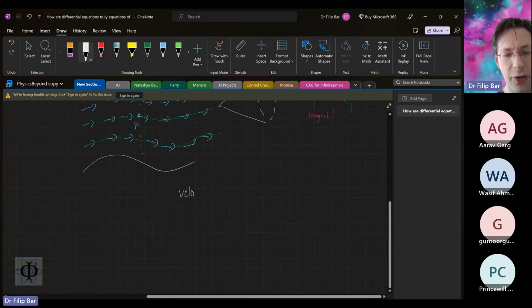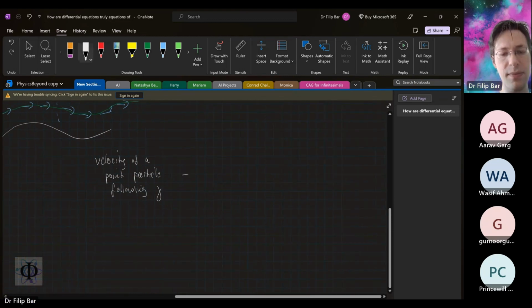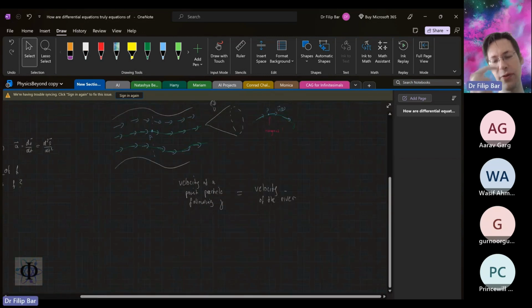So the velocity of a point particle following my path gamma has to be equal to the velocity of the river flow, right? So how the water is moving.